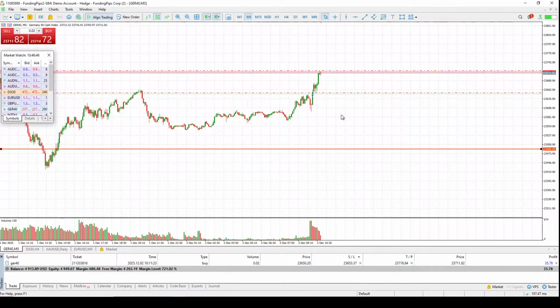But we don't know exactly if it will just spike a little bit here to fill up some orders and go down, or it will just chop here and go down, or maybe continue up.